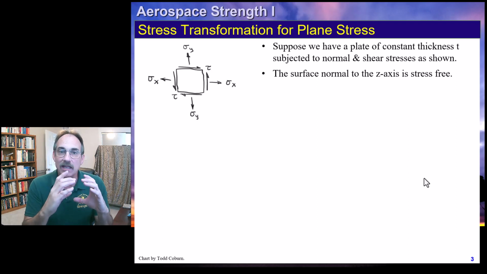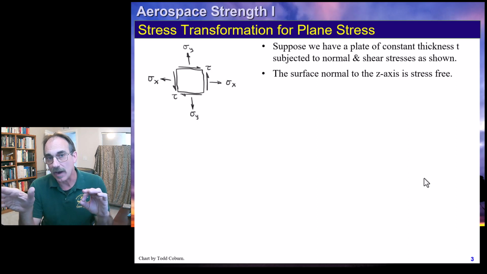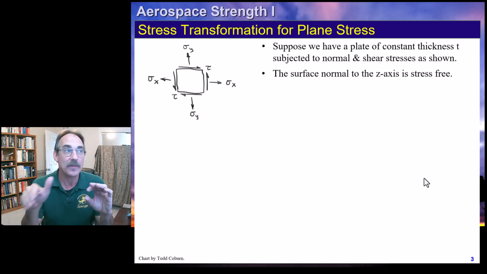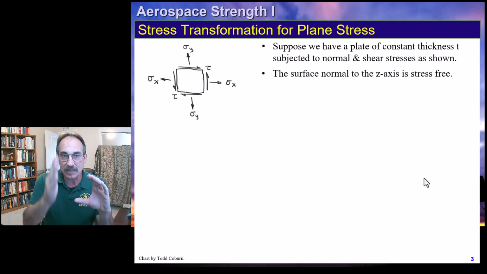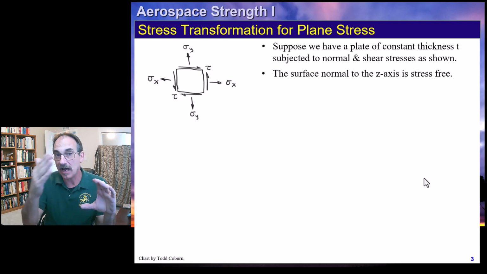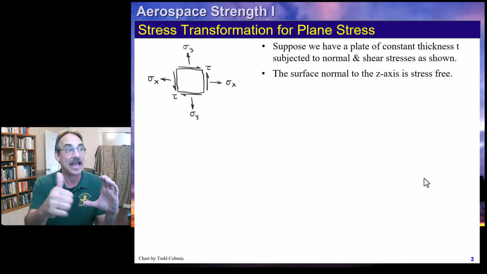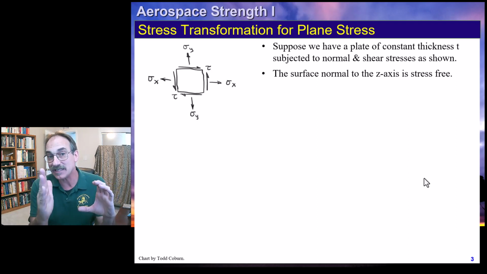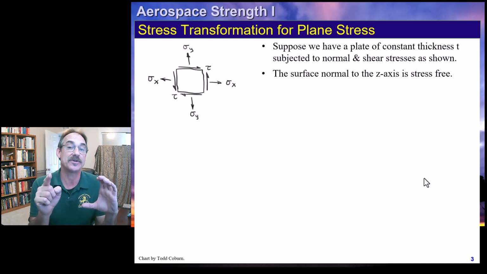So with this element, if we imagine that our positive X is to the right and our positive Y is up, then if we cut the section on the right, on the positive side of X, that's a positive face, and our stress is acting in the positive direction. So we have a positive face, positive acting stress, that's a positive stress.